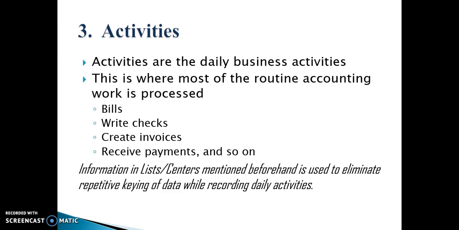This is going to be shown to you in chapters 2, 3, 4, and 5. As you go through each chapter, you will be shown how to use daily activities, and how to receive payments. The information in the list centers mentioned beforehand is used to eliminate repetitive keying of data while you're recording your daily activities.